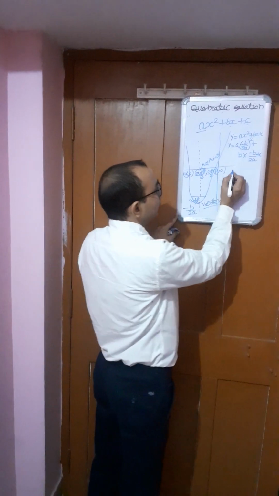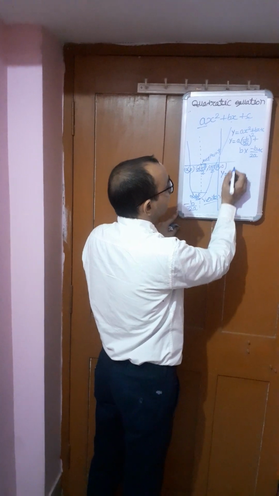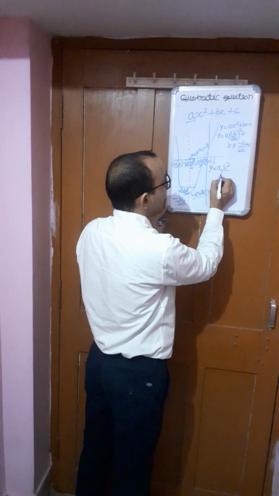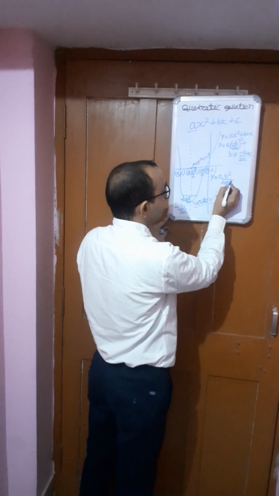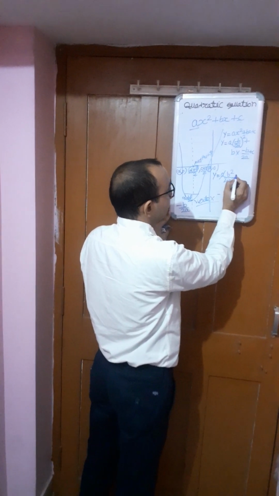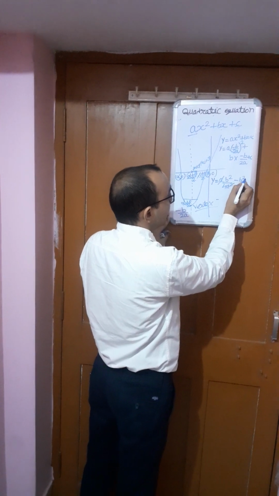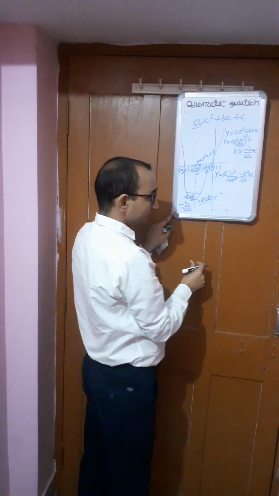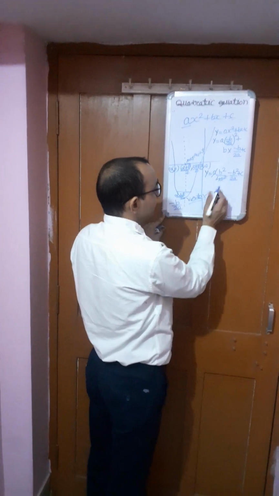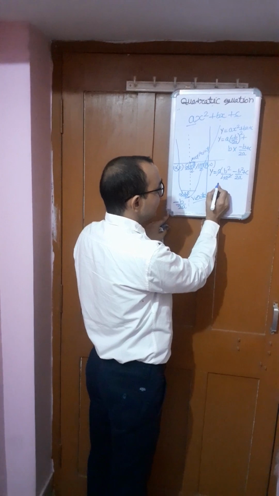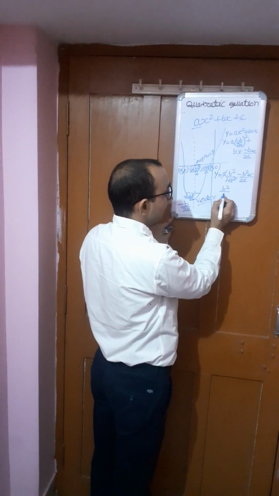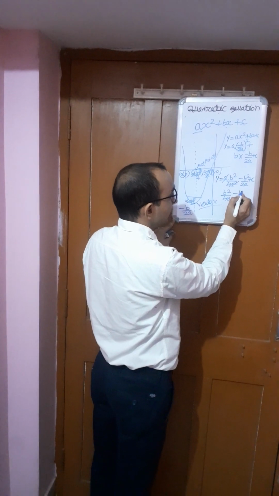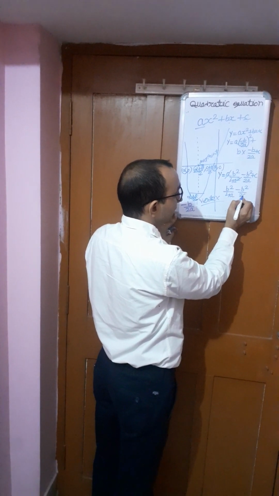So solve this. y equal to a b square by 4a square, this cancels, this is minus b square by 2a plus c. This becomes b square by minus 4a minus b square by 2a plus c.